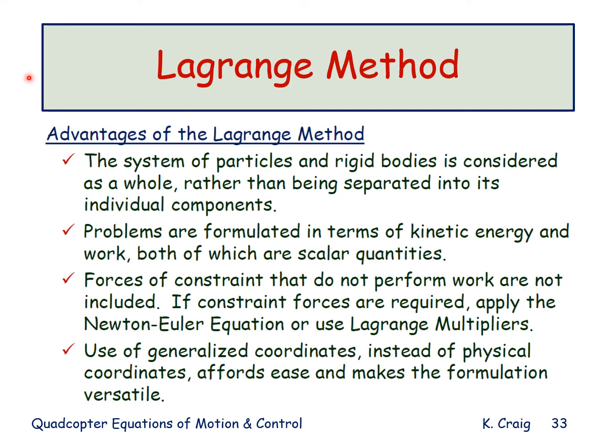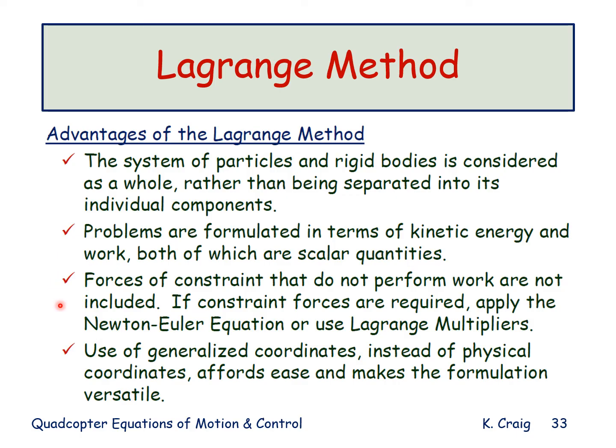Let's now use the Lagrange method to derive the equations of motion for the quadcopter. The advantages of the Lagrange method are as follows. The system of particles and rigid bodies is considered as a whole rather than being separated into its individual components. Problems are formulated in terms of kinetic energy and work, both of which are scalar quantities.